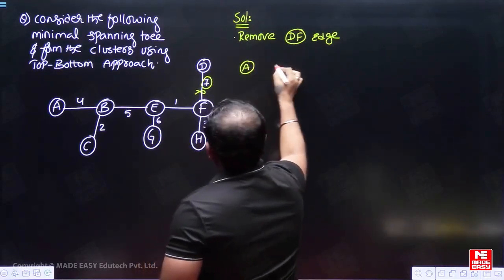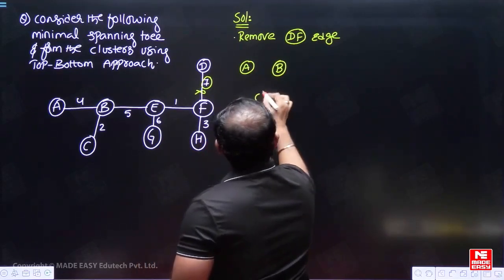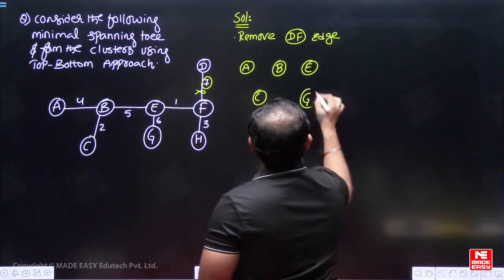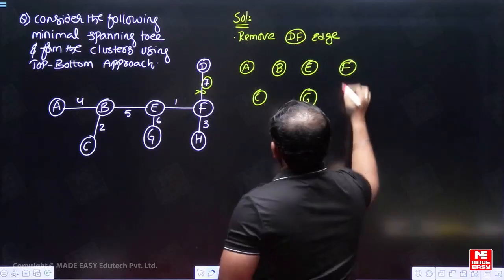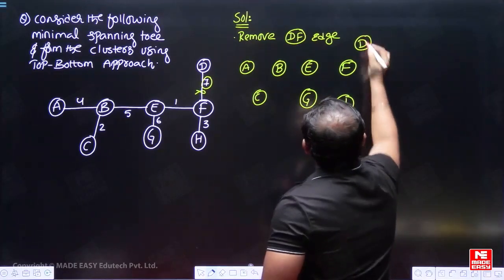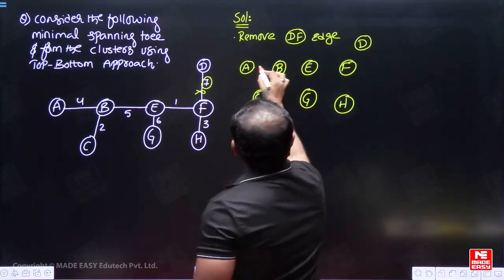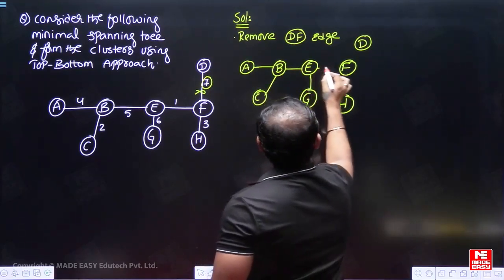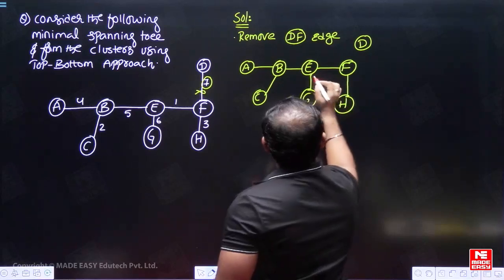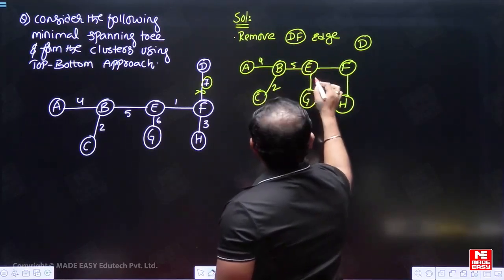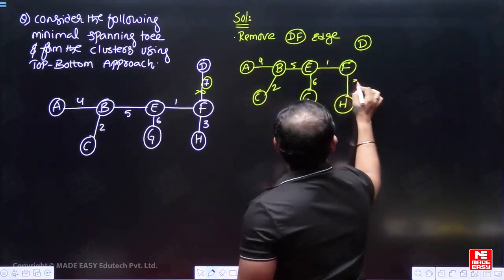A is there, B is there, C is there, E is there, G is there, F is there, H is there. Now D becomes separate. Fine. So these weights are common. What is given here? 4, 2, 5, 6, 1, 3.